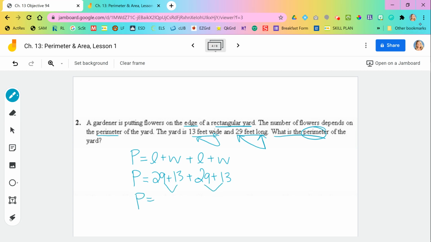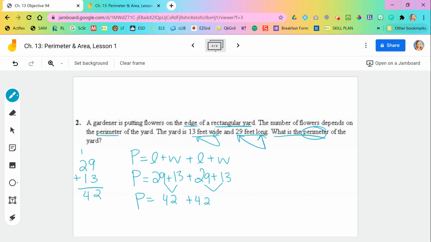So let's come out to the side and stack it so we can make sure that we get it right. So I get 42. That 2 is here. 42 plus 42.